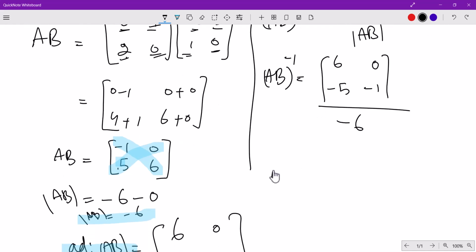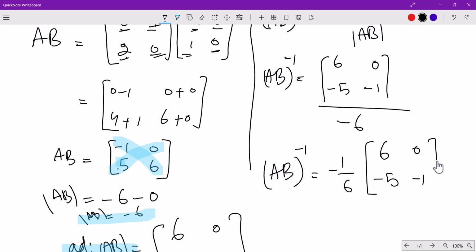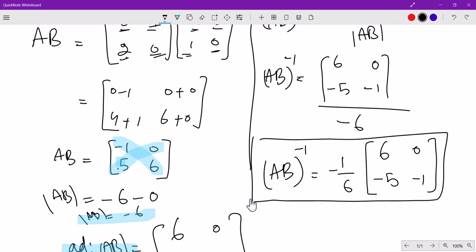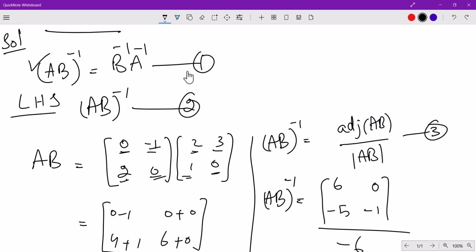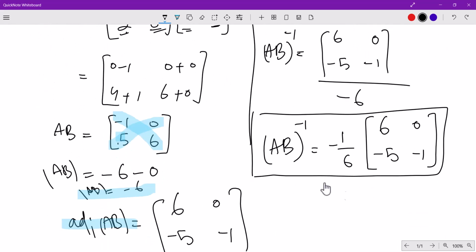So the final answer is (AB) inverse equal to minus 1 divided by 6 into [6, 0; -5, -1]. This is the left hand side of equation number 1, which is 1 divided by 6 into [6, 0; -5, 0]... the left hand side.